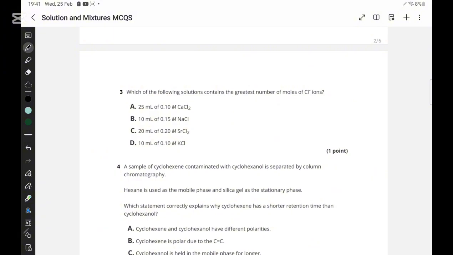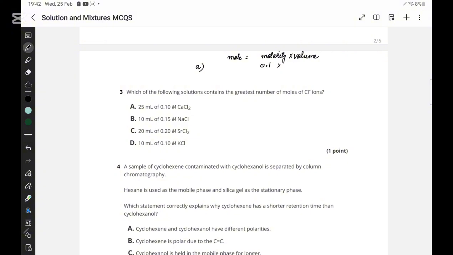In the next question they are saying which of the following solutions contains the greatest number of moles of chloride ions? First of all we need to use the formula: mole is equal to molarity times volume. Let's do it for part A. Molarity is 0.1.